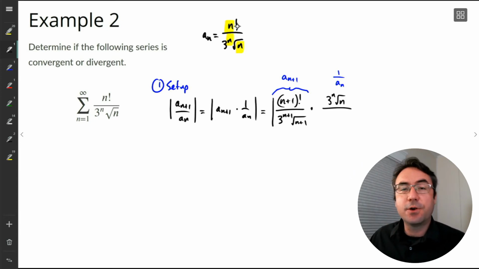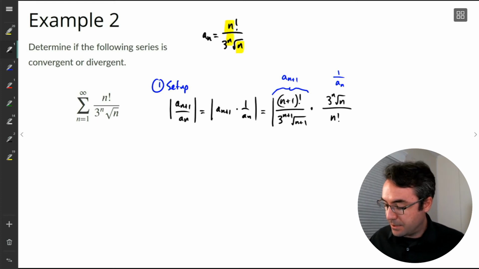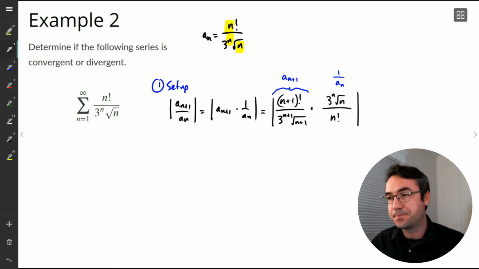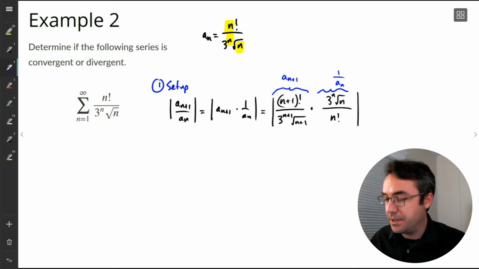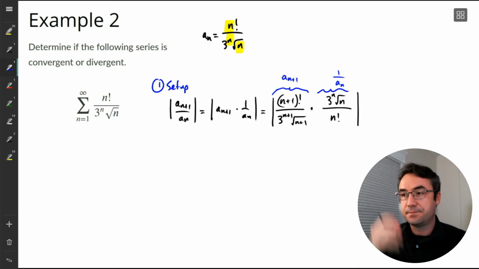And then n factorial was in the numerator, but when we flip it, it goes into the denominator. And so there we go. We've set up the expression that we're ultimately going to take the limit of. So now our next step is to simplify this down.